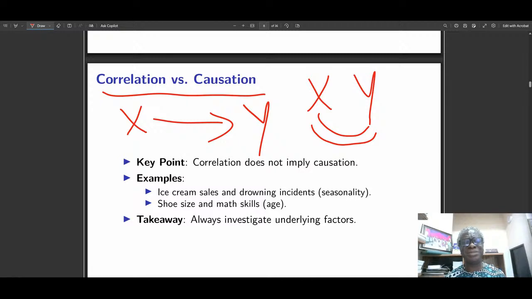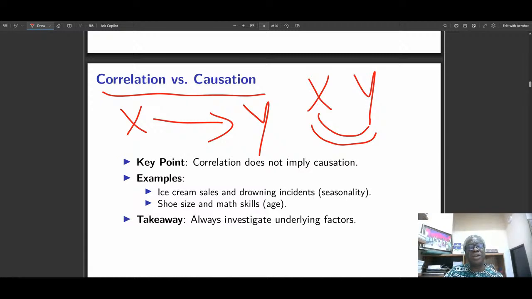Look at another example of shoe size and math skills. Shoe size and math skill may have a correlation because of age differences, not because shoe size affects math skills.